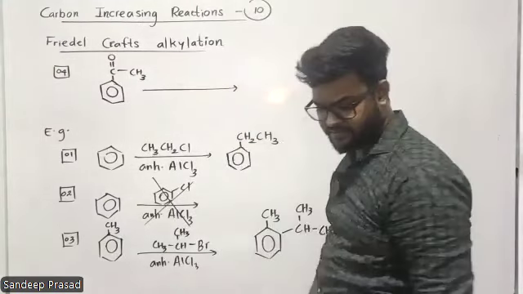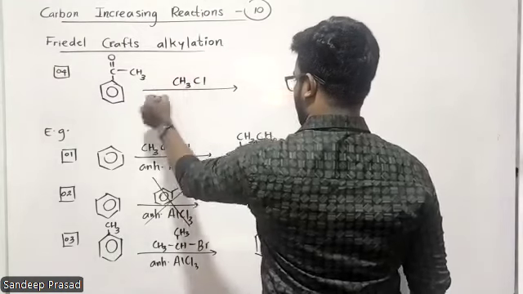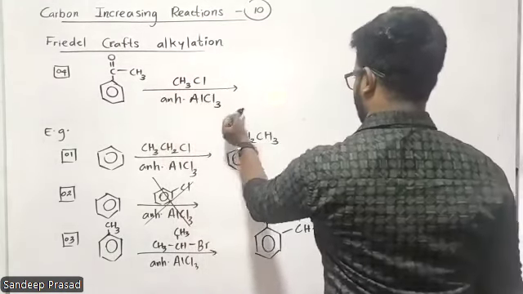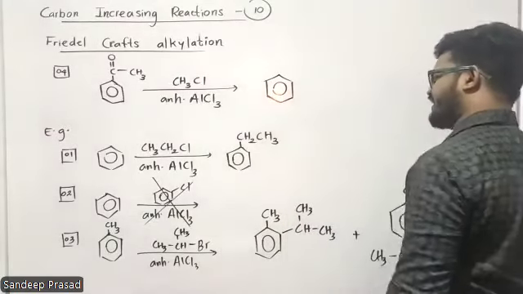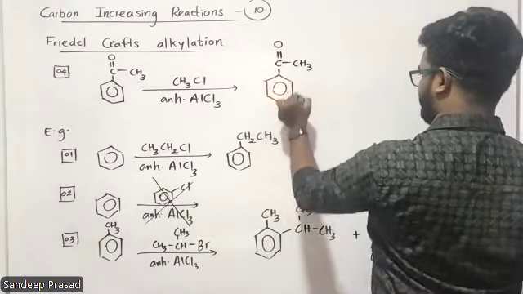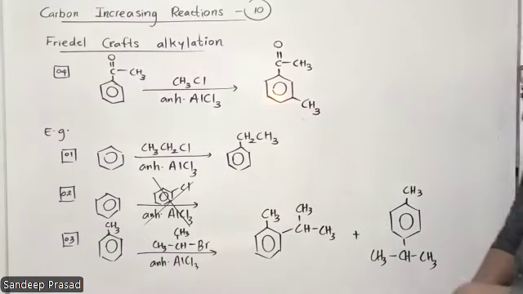And we are adding a compound like CH3Cl and anhydrous aluminium trichloride. Then what will happen? This is a meta directing group. Therefore the CH3 group should be connected to the meta position of the benzene.